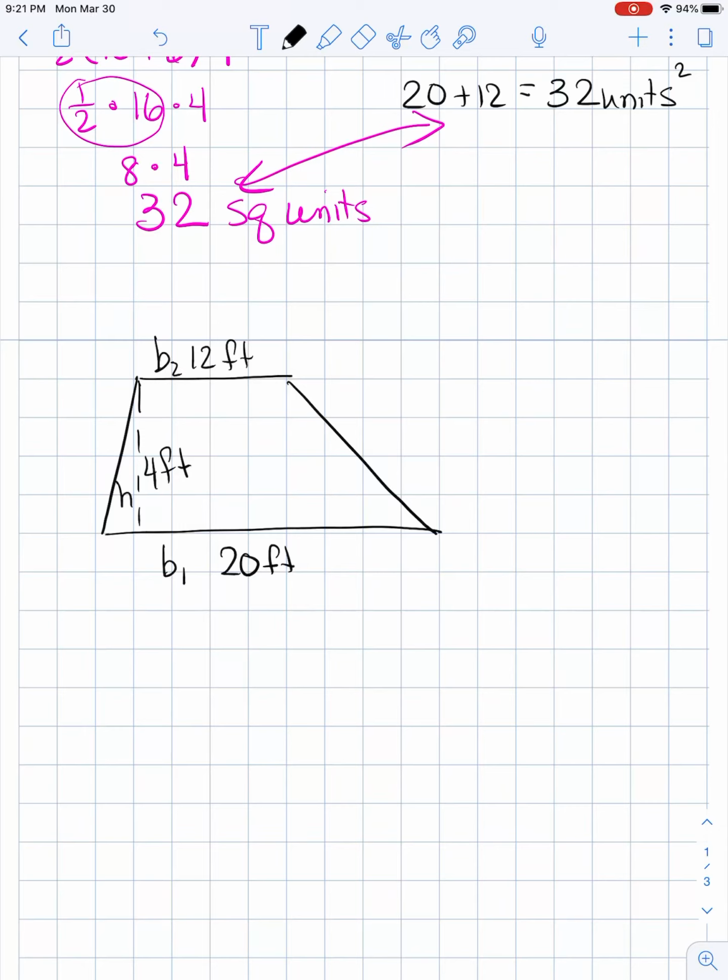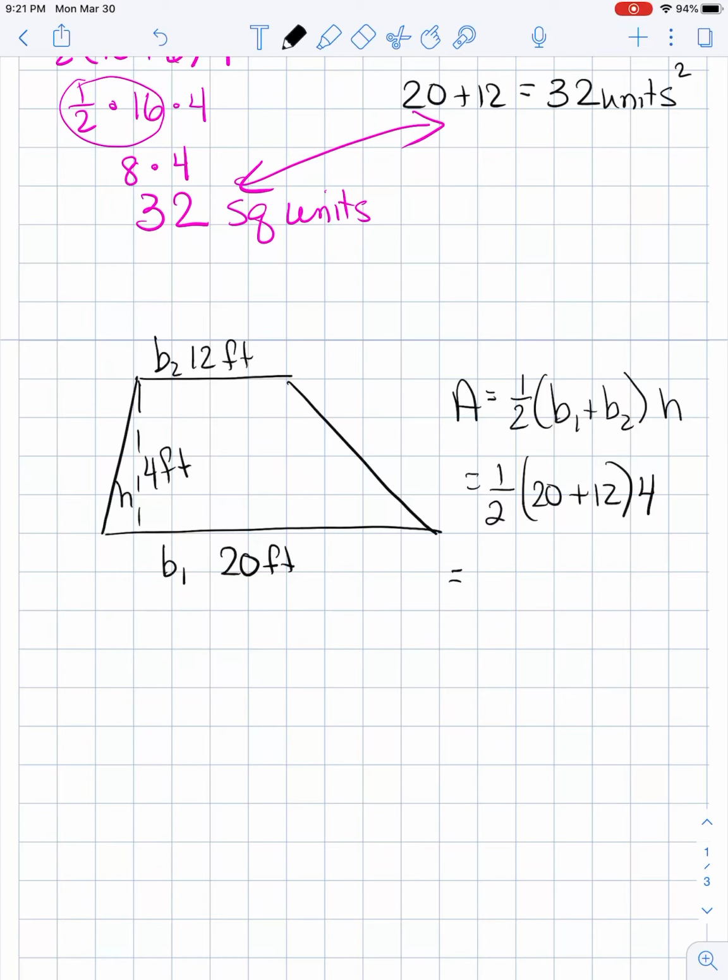All right, formula. Remember, when we have a formula, geometry becomes algebra. So, formula is 1/2 B1 plus B2 times the height. Okay, 1/2 times, what's B1? 20 plus B2 is 12 times the height, which is 4.